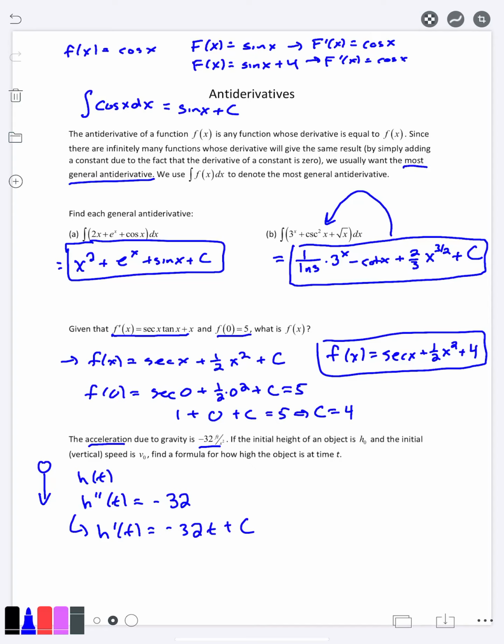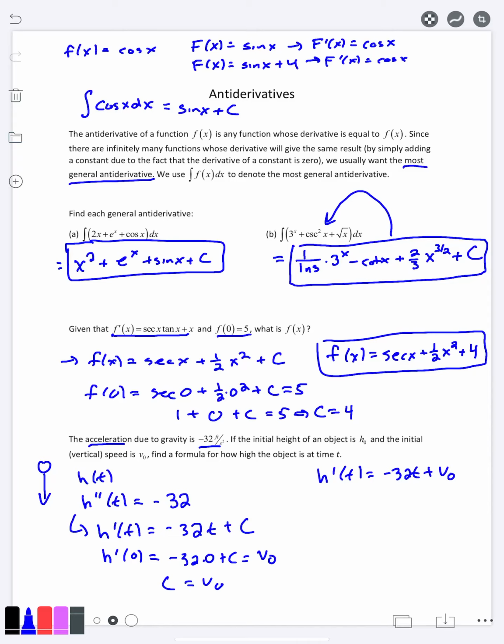Then we know that the initial velocity is v0, but velocity is just the speed, it's just the first derivative here. So we find our c value is v0, so that means h prime of t is -32t plus v0.